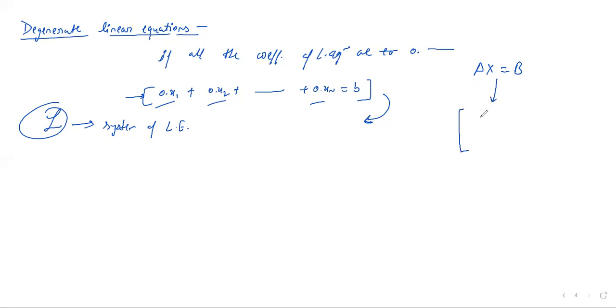After reducing, we get something like this format, with the corresponding unknowns and the corresponding values of the constants of b, and this is the reduced echelon matrix.